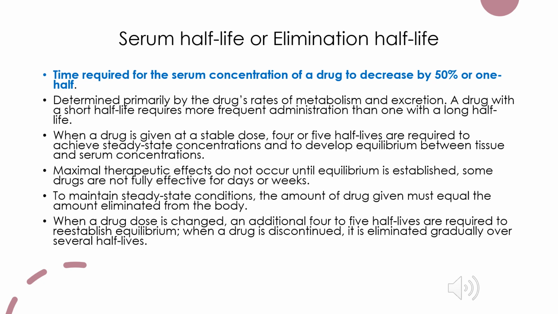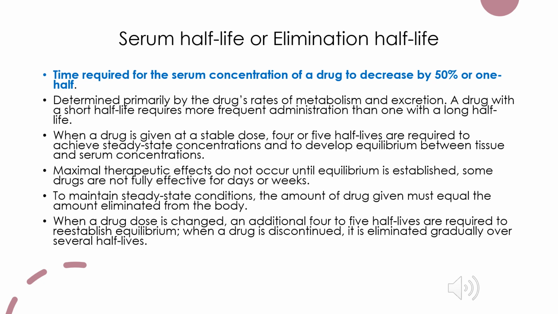Serum half-life or elimination half-life is the time required for the serum concentration of a drug to decrease by 50%, or one-half. It is determined primarily by the drug's rate of metabolism and excretion. A drug with a short half-life requires more frequent administration than one with a long half-life.